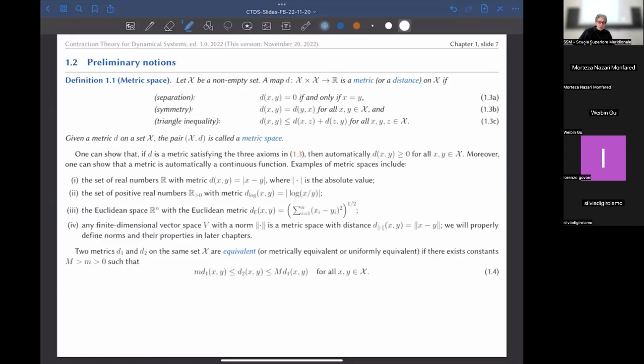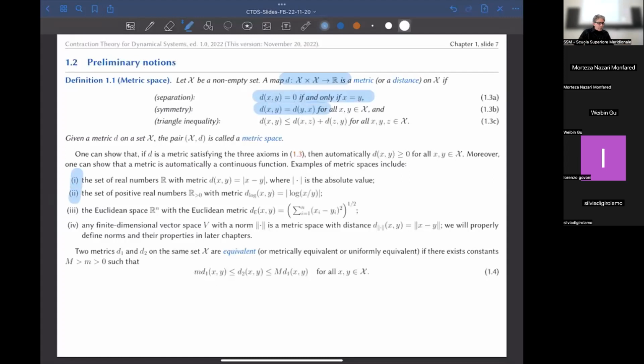It's a map D from X times X to the reals. It has the separation property. In other words, D of X,Y is 0 if and only if X is equal to Y. It's symmetric. D of X,Y is equal to D of Y,X. And it satisfies the triangle inequality. I'm not going to emphasize it. It's right there, the standard triangle inequality.